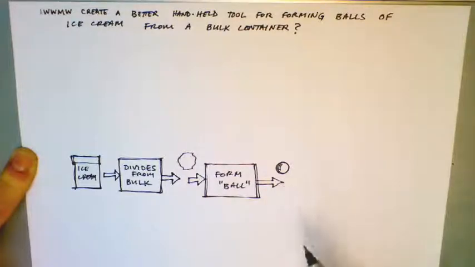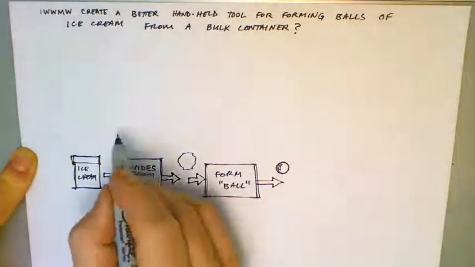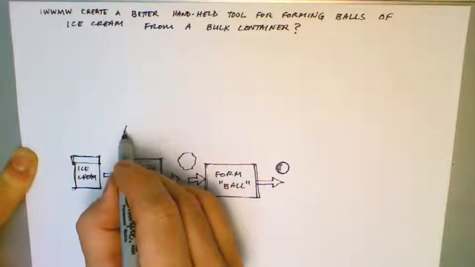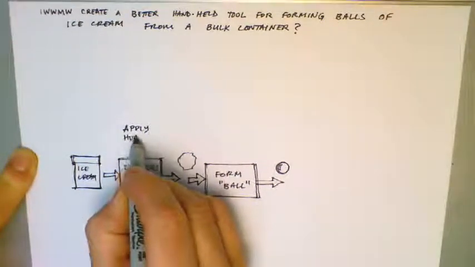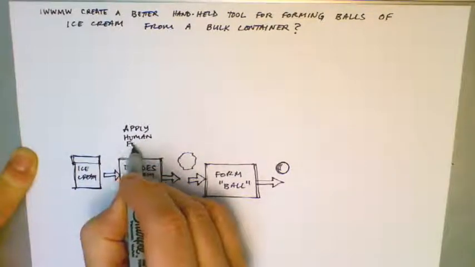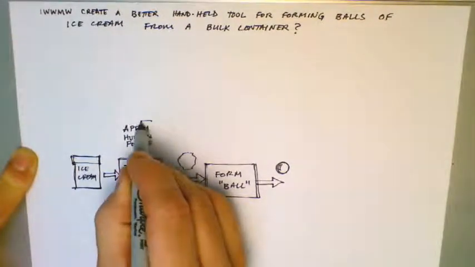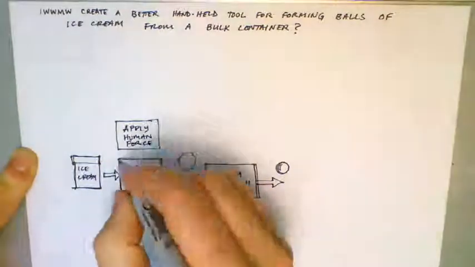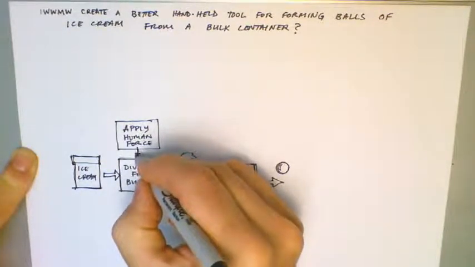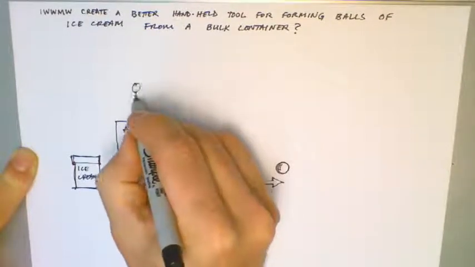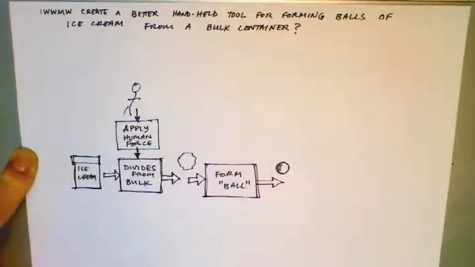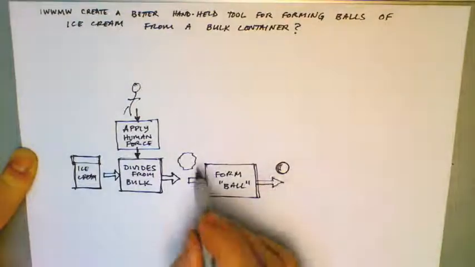Now there's also a flow of energy, and the main energy flow in an ice cream scoop is apply human power or human force. You can think about that as a flow of energy from our user, and there might even be some signal, but there isn't always a signal flow.